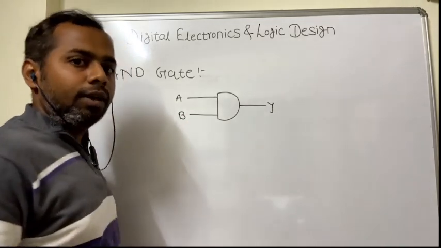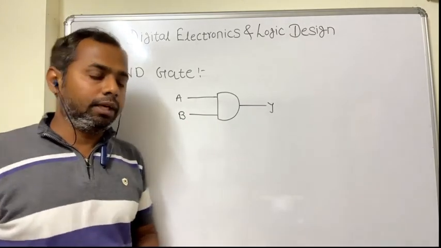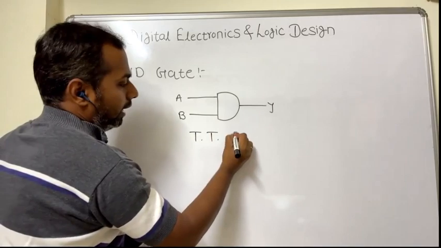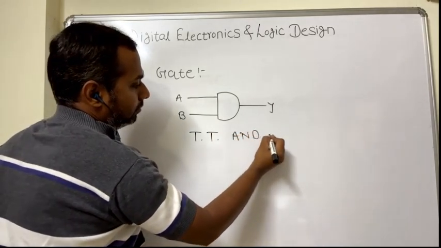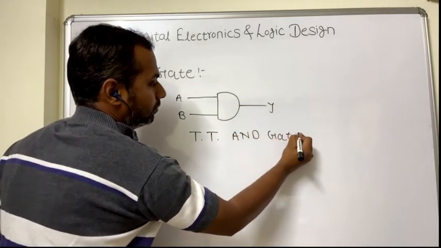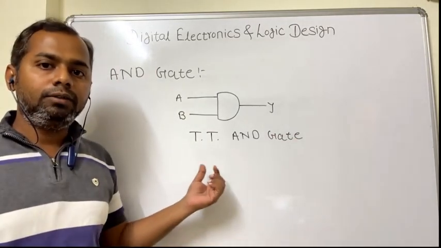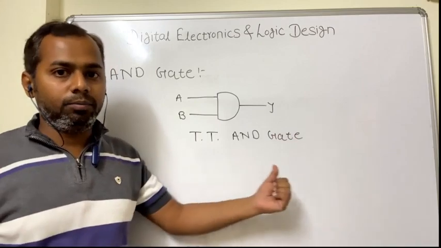For that we are going to write the truth table for AND gate. In a truth table we have two entities, inputs and outputs.